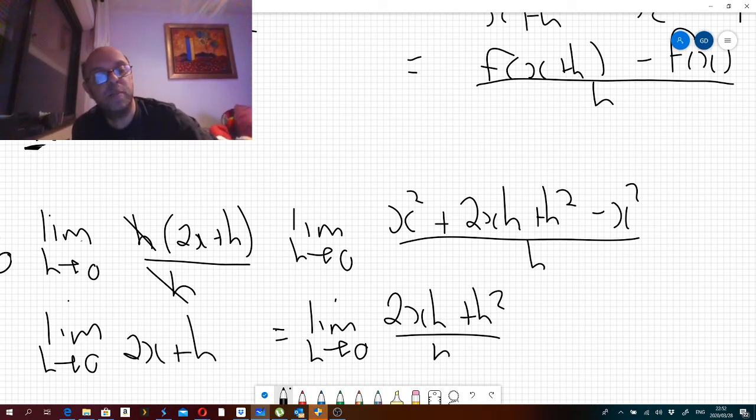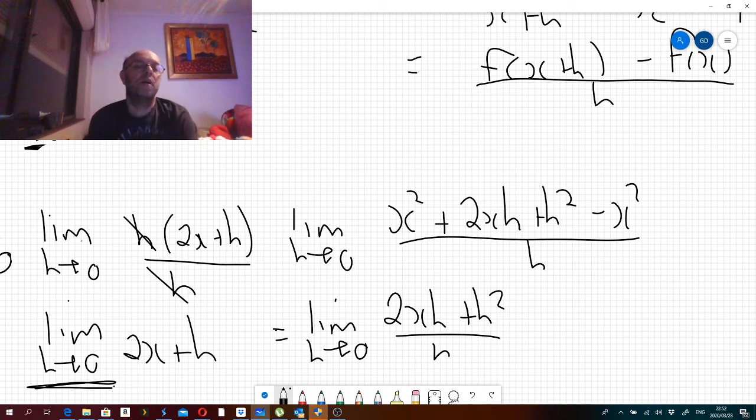Now, of course, this is the point where we're going to apply this limit, because 2x plus h, okay, if h is very close to 0, adding h onto that 2x makes very little difference to the 2x.